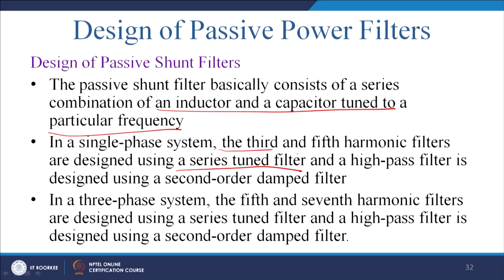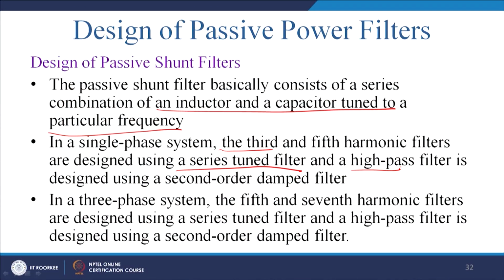Please refer to my previous lectures on shunt, series, all those combinations, and C filter. And a high pass filter is designed using a second order damped circuit. Why? If you connect R and C, it is always damped.